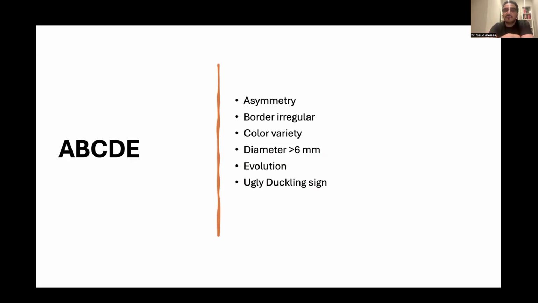For me, this is one of the biggest signs. We call it variegation in color. So when you see different shades of color, that should be concerning. Diameter, not so much. I don't agree with the size per se. It's the increase in size that is more concerning. It doesn't matter if they say the lesion is big or small, but if they say it started to grow, that's concerning.